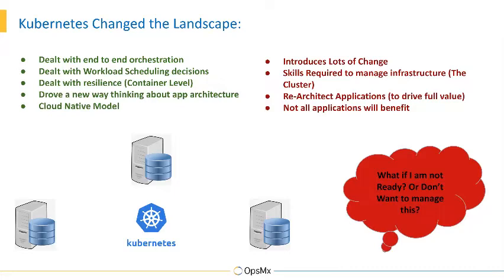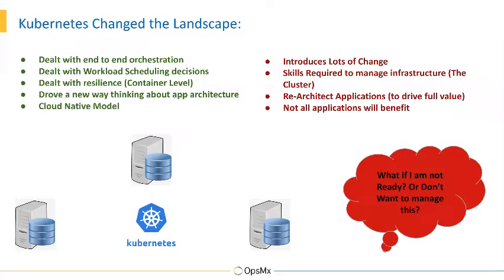Now, some of the challenges there, right? I mean, anytime a transformational technology comes along, it's not all upside, right? And with Kubernetes, obviously there's a lot of benefits there, and not a lot of downside necessarily outside of the downside that we face as organizations, right? So, it introduces a lot of change, right?